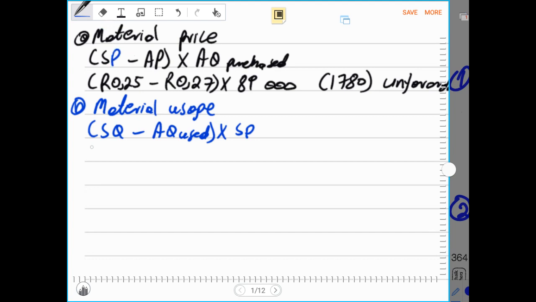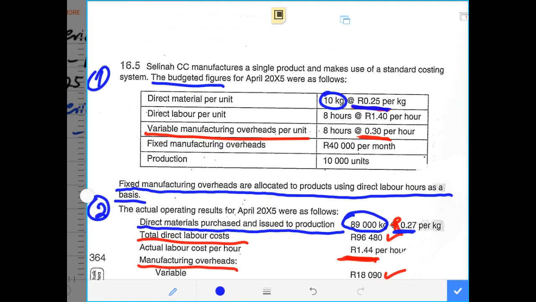Then we take our standard quantity. Remember, standard quantity must be calculated first. The actual quantity used, we know that it was 89,000 kgs, but we need to calculate our standard quantity. Standard quantity is actual production times the standard material kgs per unit.